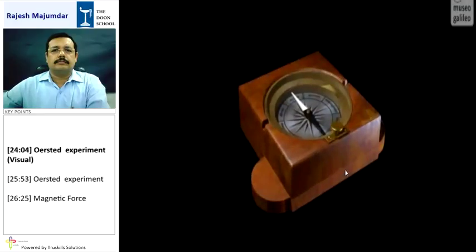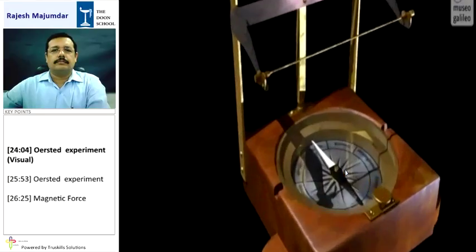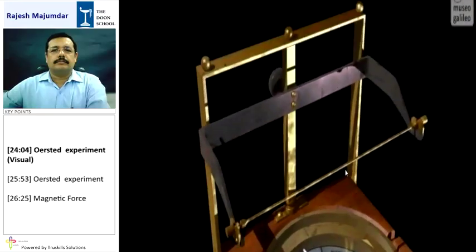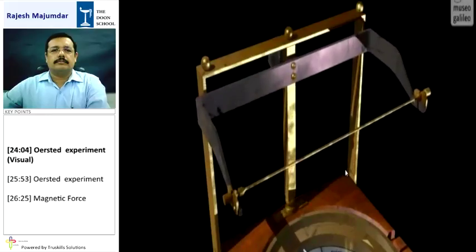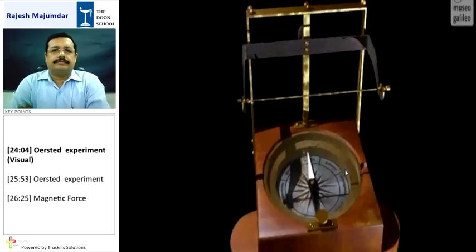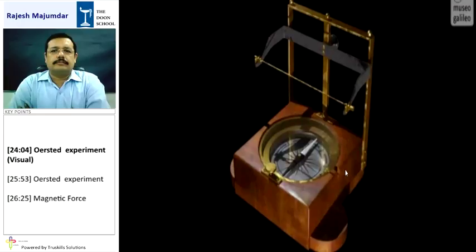A brass frame above the compass holds a thick copper wire with a small clip at each end. A pinion is used to raise and lower the wire above the compass needle to determine the relationship between its deflection and its distance from the wire, through which an electric current flows. Three leveling screws ensure that the system is perfectly horizontal.